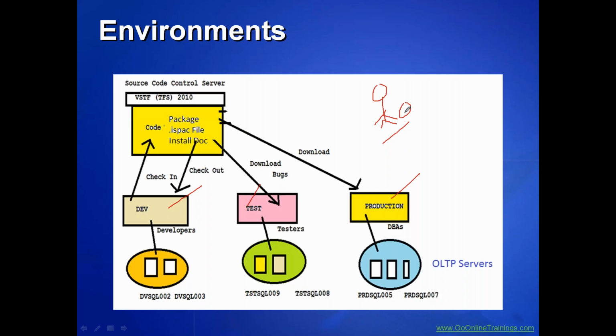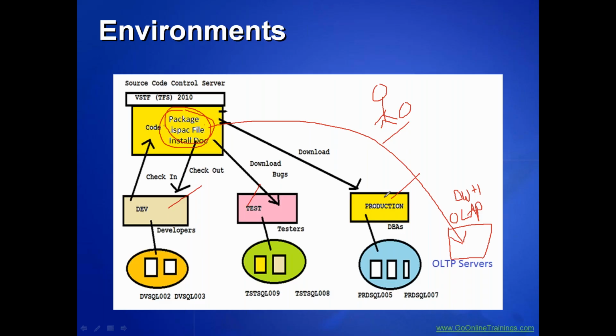On that date, the same packages and code, everything will get installed, but not into OLTP. I told you, in production, all your packages will be going to OLAP, or we can say data warehousing. Clear? All your packages are going to go there, not to the OLTPs.